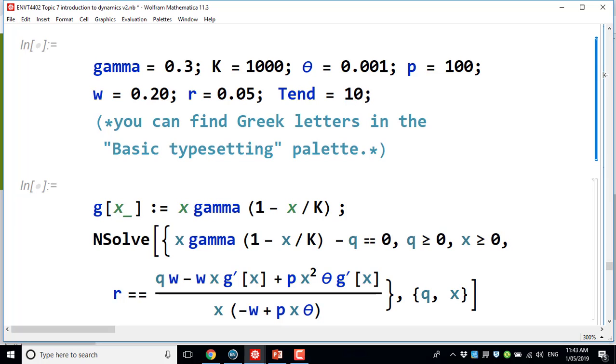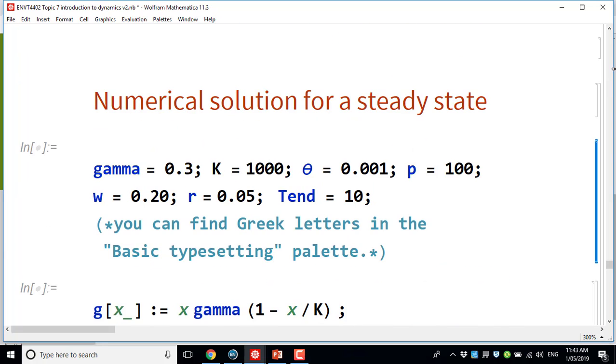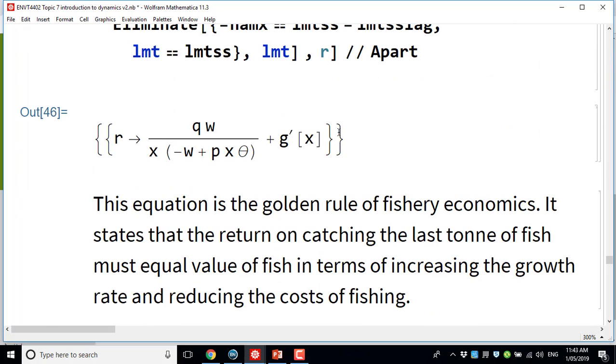All right, so these are parameter values for a fishery, and we're just going to use nsolve to find the optimal steady state, and we've got this term here, R, and it's giving us this equation here, but it now looks a bit more complicated because you've got all the specific functional forms.